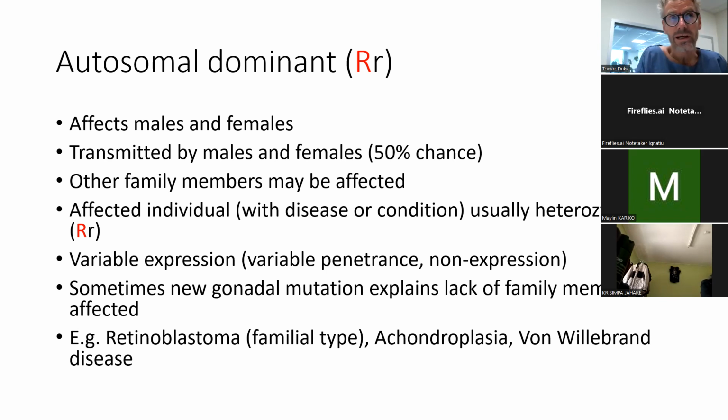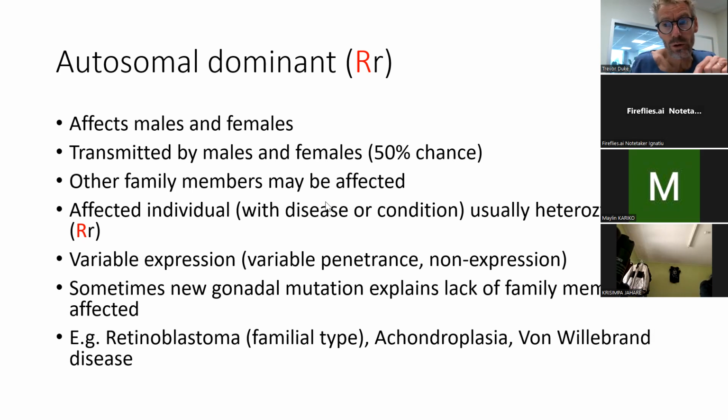And it can equally be present in both the mother or the father. If a parent is affected, they have a 50% chance of transmitting a dominant condition onto their child. And unlike with recessive conditions where both parents are not affected, but they have a 25% chance of transmitting their recessive condition onto their child.